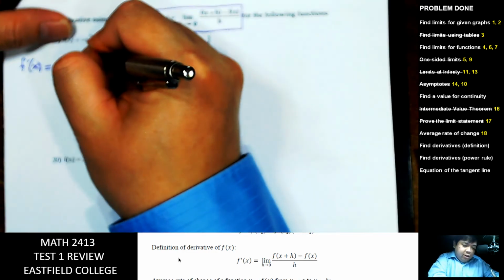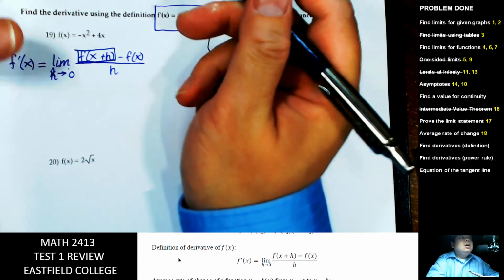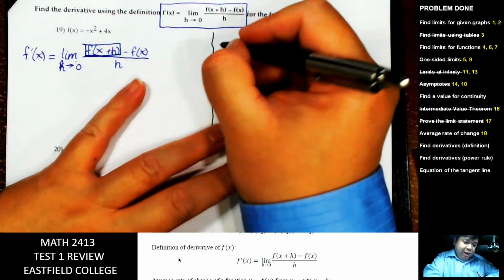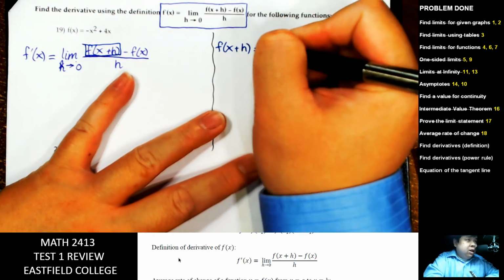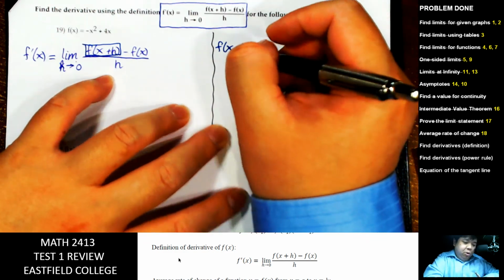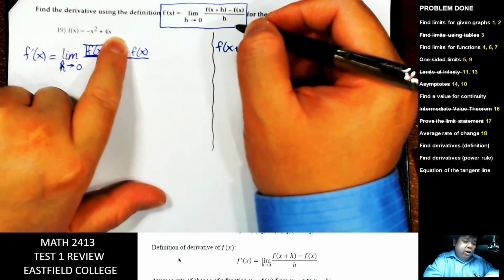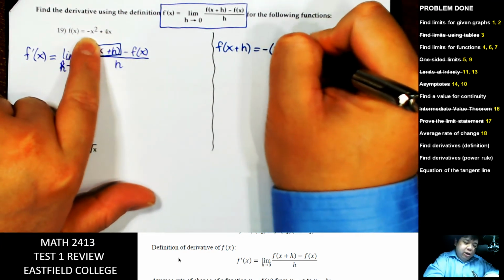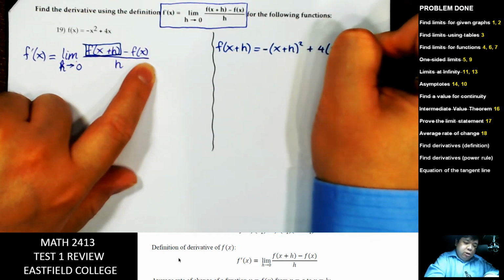First we have this. All right, so we do that. Pretty much we put x plus h into x, all of the x, including the x squared. We have (x + h) squared plus 4(x + h).